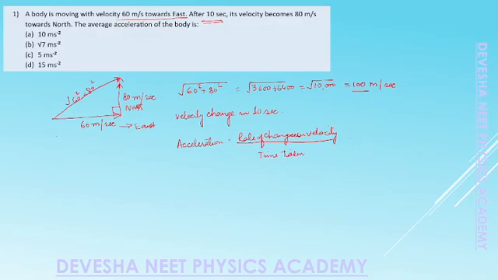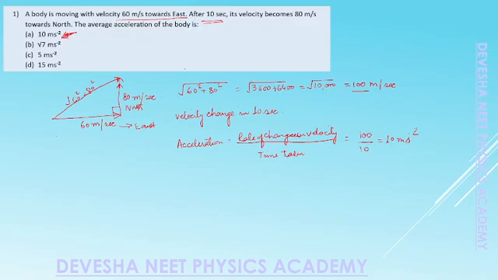So this is equal to 100 by 10. This is equal to 10 meters per second square. So the answer is given here. So this should be the answer.